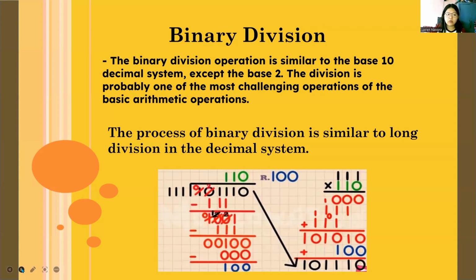Then third column, 0 plus 1 plus 1 is 0, carry 1. Next, 1 plus 1 is 0, carry 1, and 0 plus 1 is 1. Last column, 1 plus 1 is 0, carry 1. Then add the remainder, and the answer is similar to the dividend.